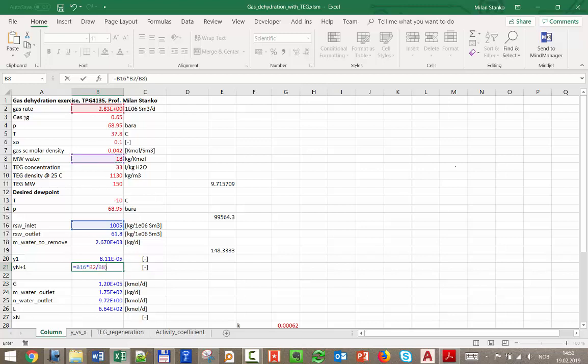That gives me the number of moles of water at the inlet, and then I have to divide that by the same quantity plus the amount of gas entering into the column, and that will be this amount of gas here.